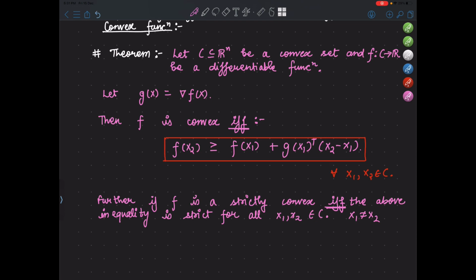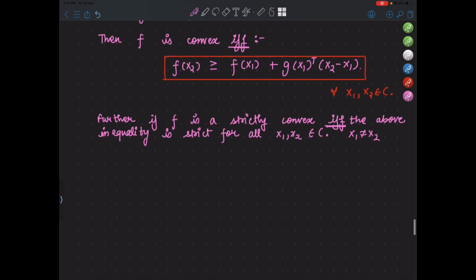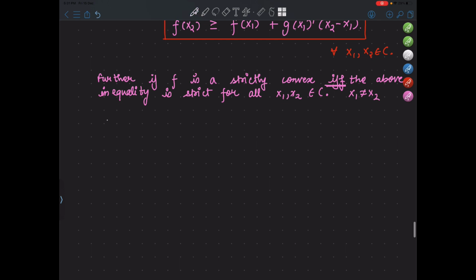First, let's see what this theorem represents geometrically, and in that way you will be able to understand what the theorem actually means, and then we'll go on and prove it. So geometrical interpretation.